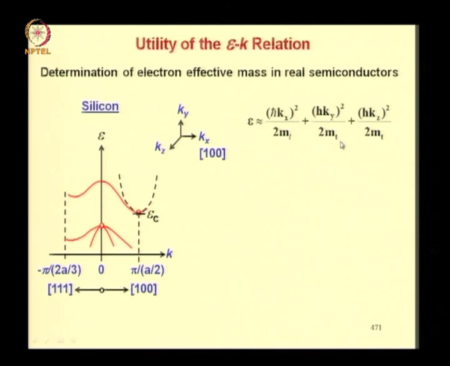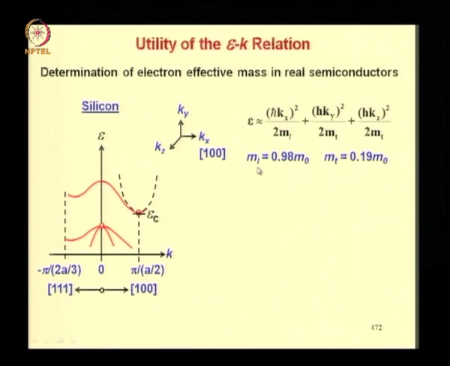Now we have put the same mt for both the ky and kz terms because it turns out that the shape of the paraboloid for silicon is such that the curvature in the ky and kz directions are identical. It turns out that ml is 0.98 times the mass of electron in vacuum and mt is 0.19 times the mass of electron in vacuum, and from this ml and mt you can determine effective masses for different situations.